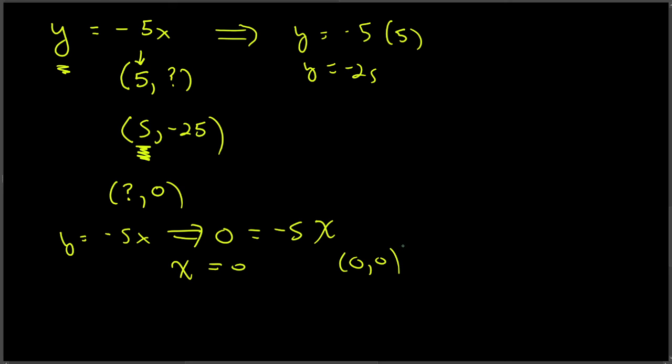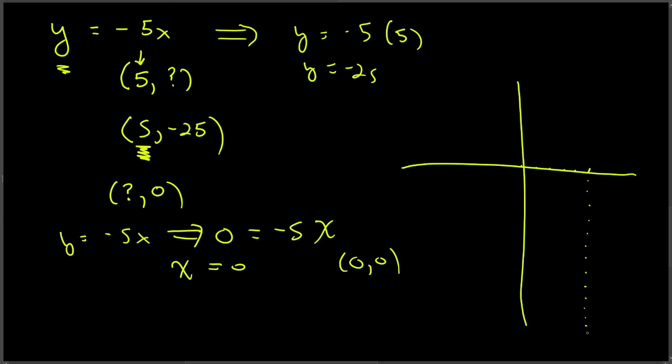If we plot all the points that come out of this, so if x is 5, 1, 2, 3, 4, 5, then y is -25, down here. And if x is 0, y is 0.